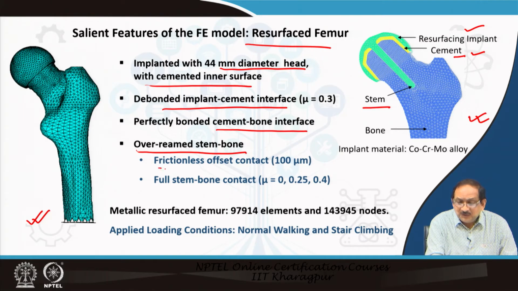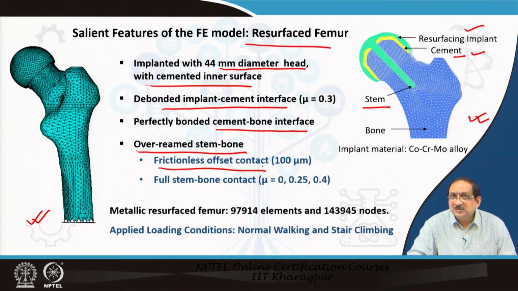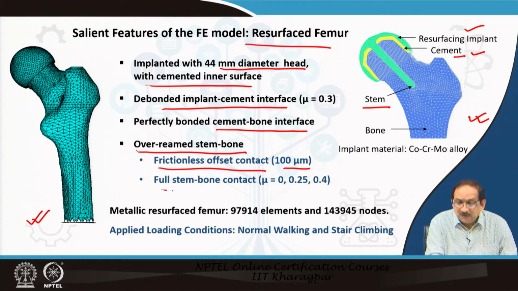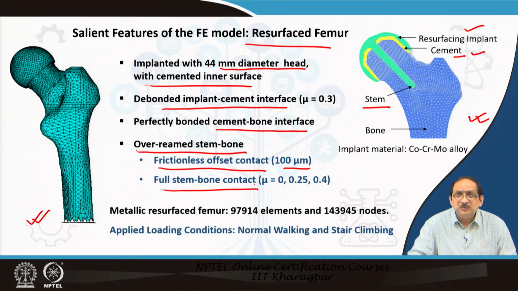The first contact condition was frictionless offset. We had a gap or offset of 100 micron, whereas for stem bone contact we assumed different friction coefficients of 0, 0.25 and 0.4.